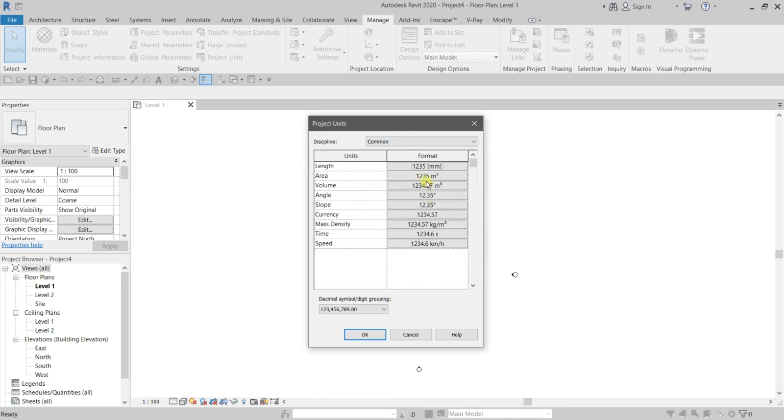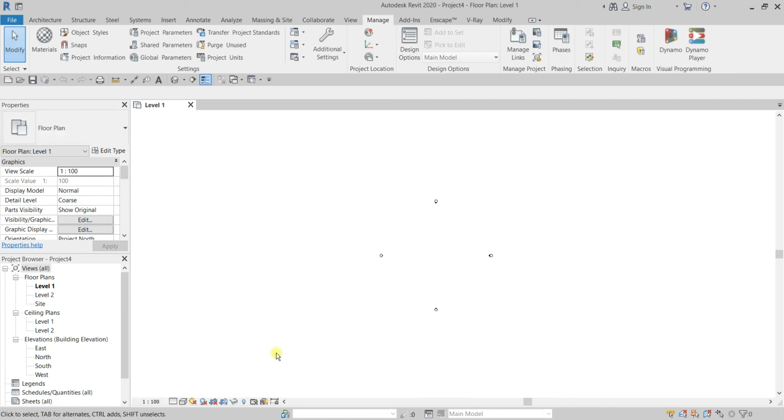This one is in square meters and this one is in cubic meters, since volume is measured in cubic meters. And when you come to the scale factor, we have 1 in 1, 1 in 2, 1 in 5, 1 in 10, 1 in 20, 1 in 25, 1 in 50, 1 in 100, and so on.